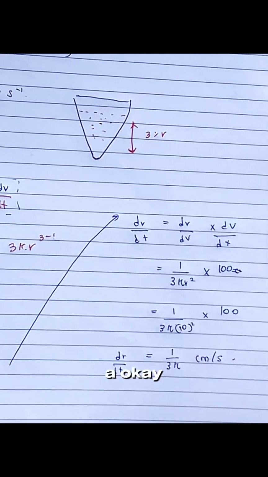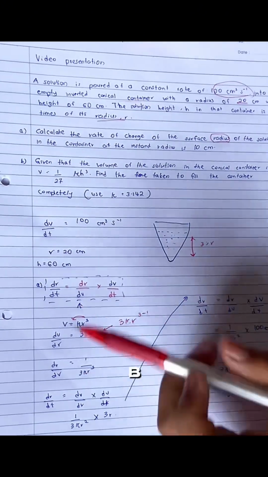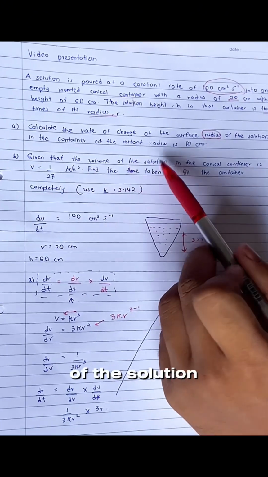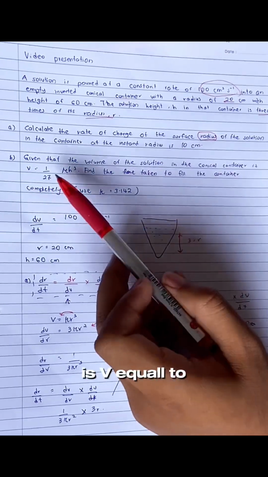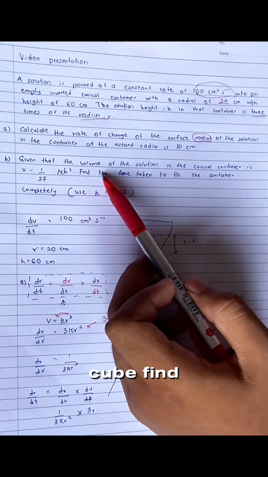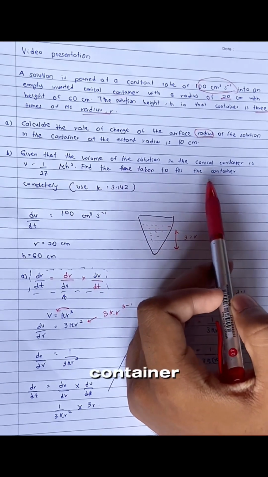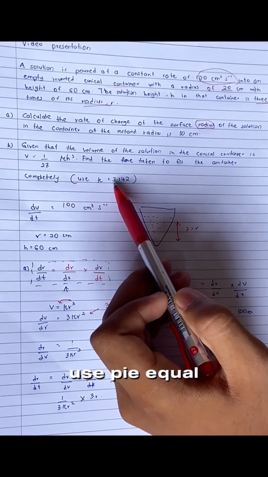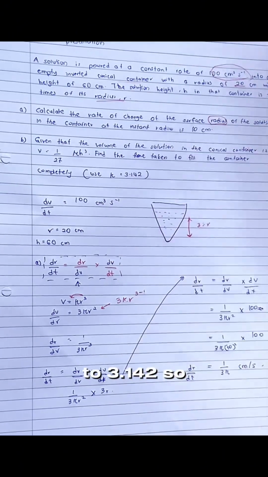That's for question A. For the next question B, given that the volume of the solution in the conical container is V equal to 1 over 27 pi H cube, find the time taken to fill the container completely. Use pi equal to 3.142.